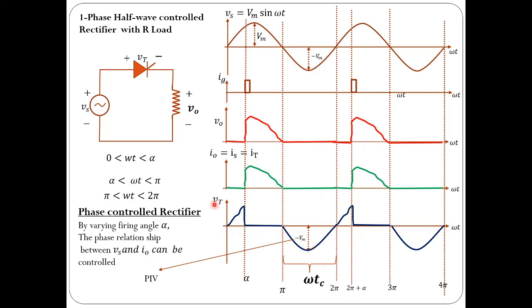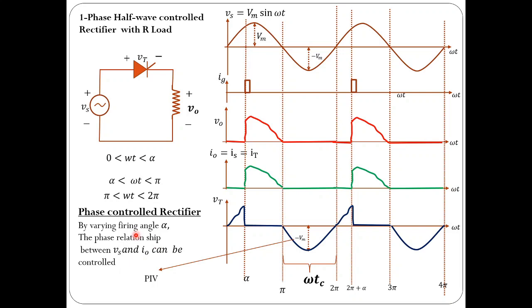Now if you see here, if you find out the Fourier series, you can see that there is a phase angle difference between input voltage and input current, and that can be controlled by controlling the firing gate current, that is, the firing angle. So that is the reason this is known as a phase control rectifier. By varying the firing angle alpha, the phase angle relationship between Vs and I0 can be controlled. So it is a phase control rectifier.